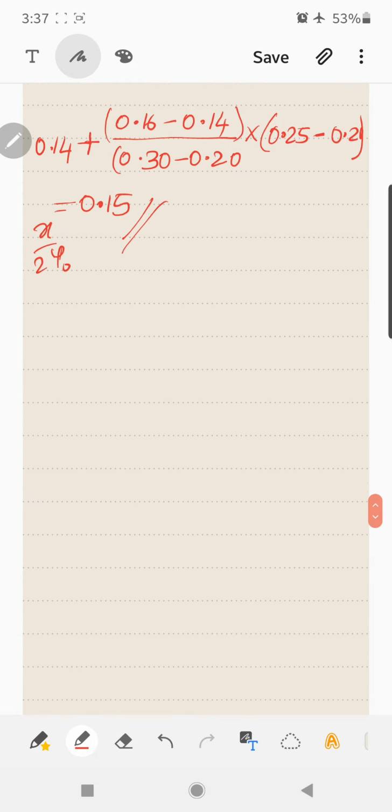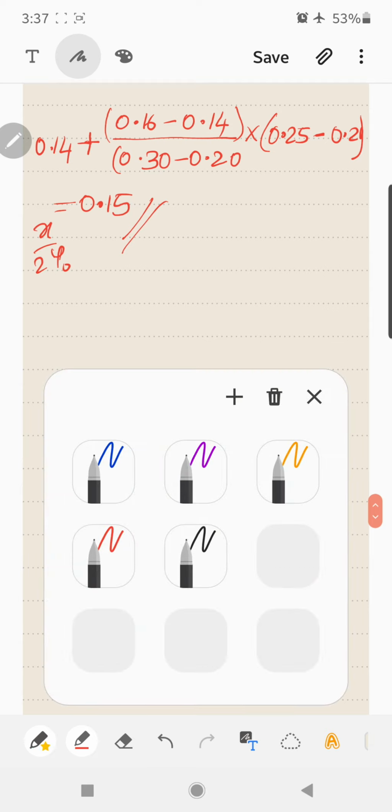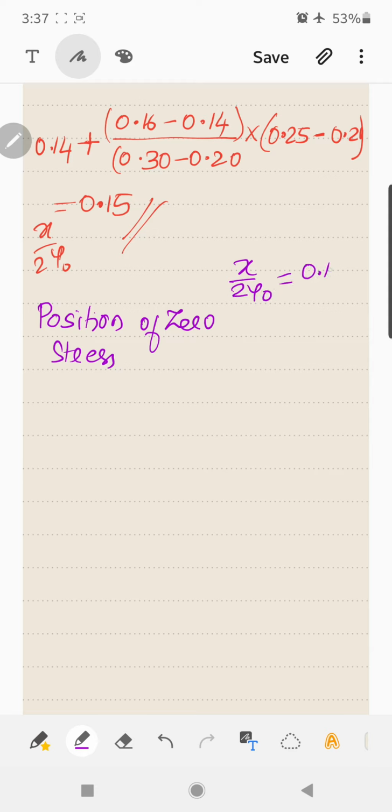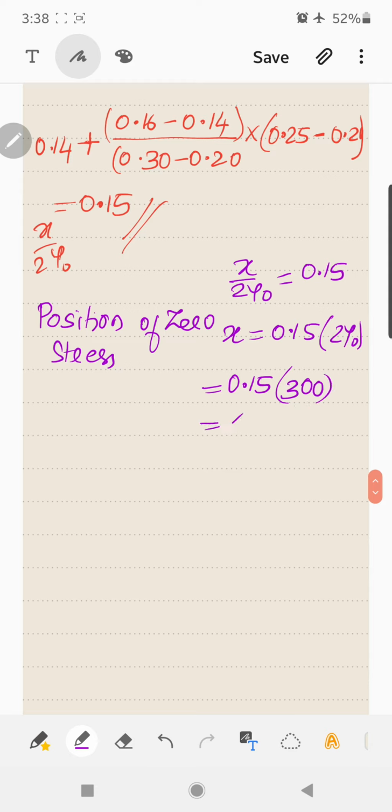Now calculate the position of zero stress. x by 2 y naught is 0.15, so the position of zero stress x is 0.15 into 2 y naught. 0.15 into 300 mm is 45 mm.